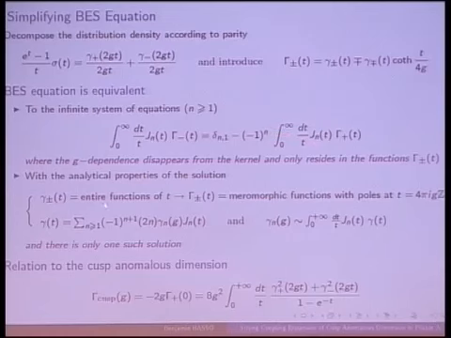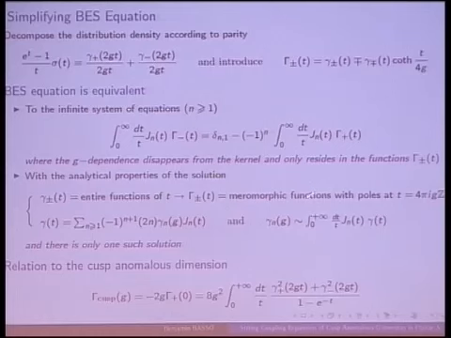And there is also one more condition. Since these functions are entire functions, we can decompose them over the Bessel functions, and we also require the coefficients of this expansion to be given by this integral.